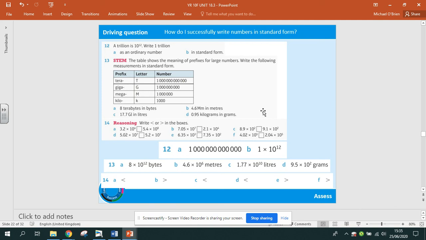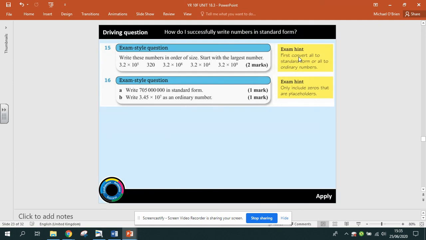So if you need to pause the lesson to get all your corrections written down, that's fine. Otherwise, carry on with our next slide. Okay, these are the sort of things that you could actually see in an exam. So we've got a set of numbers in standard form to order.